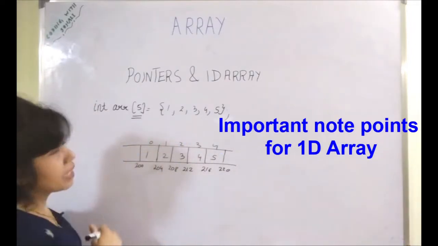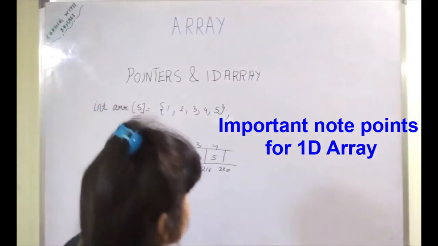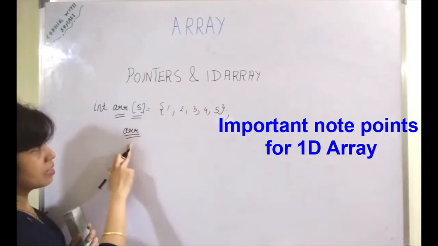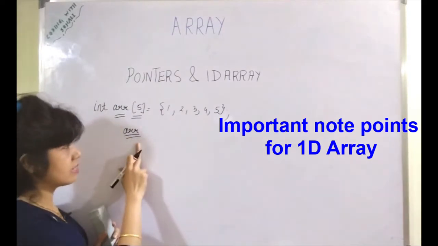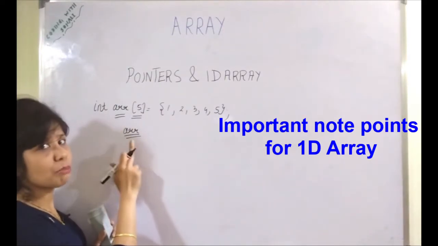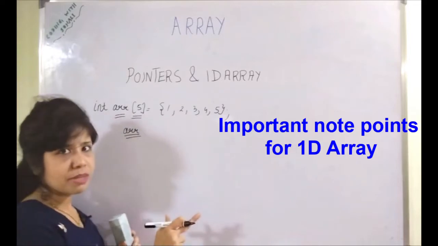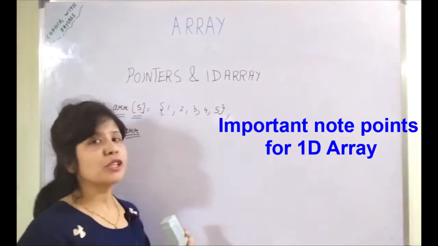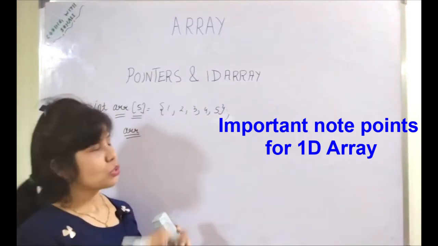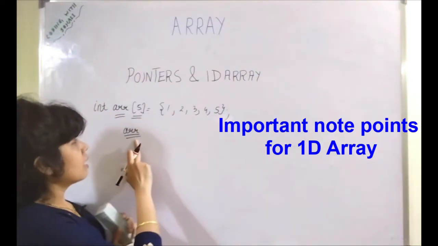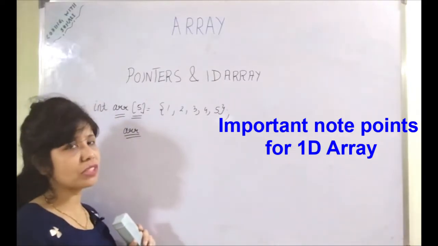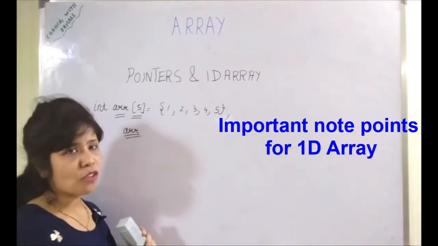Now, a couple of things with this 1D array: the name of the array, that is ARR, is also called a base address, also called a constant pointer. Constant pointer means a pointer which cannot be changed to point to another variable. The base address will have the address of the 0th element of the array.